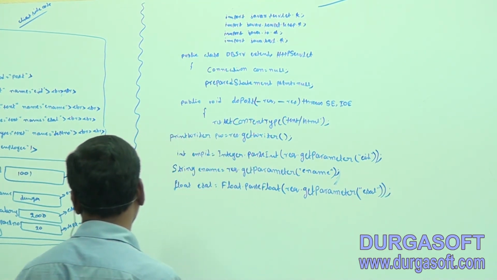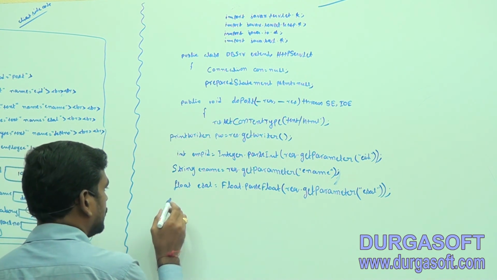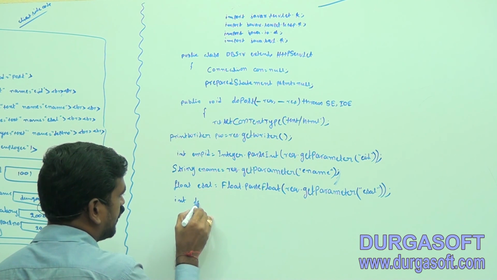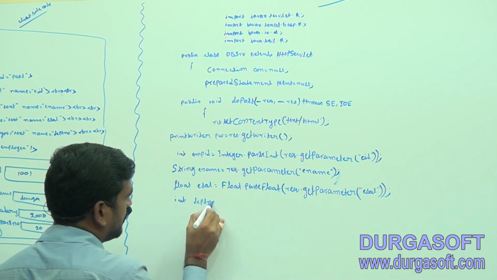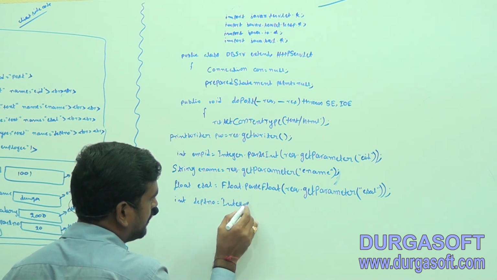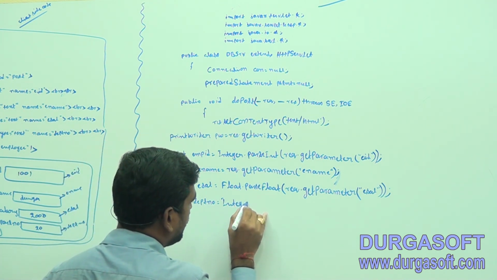The next after that, department number, int DEPT number is equal to Integer.parseInt of.